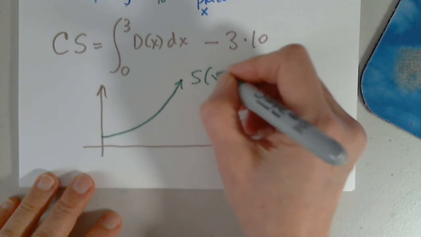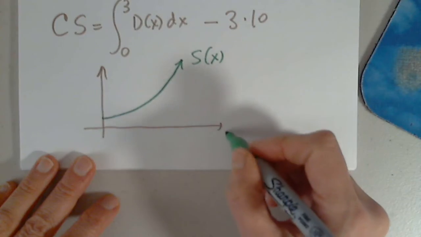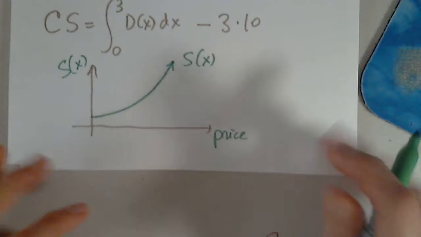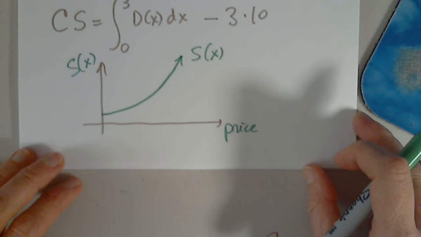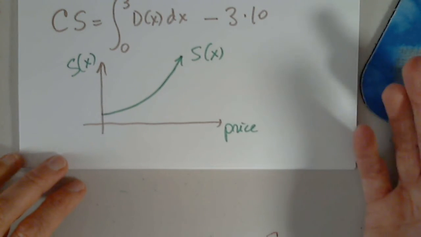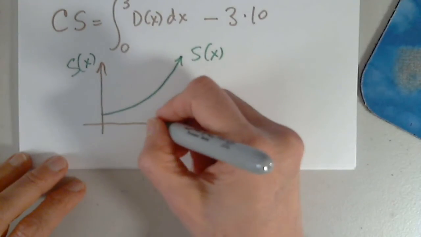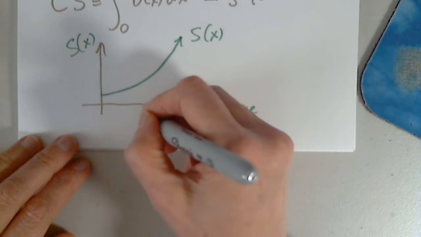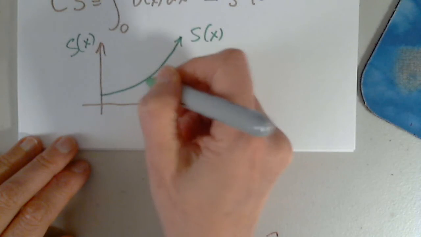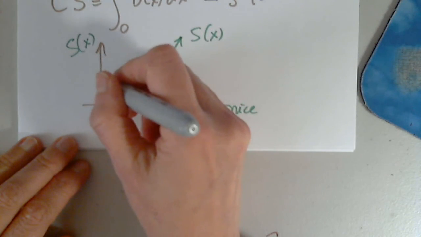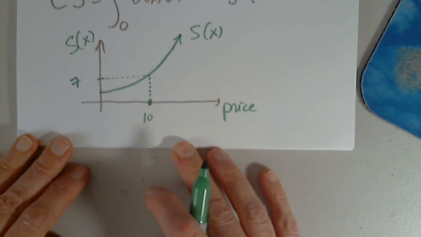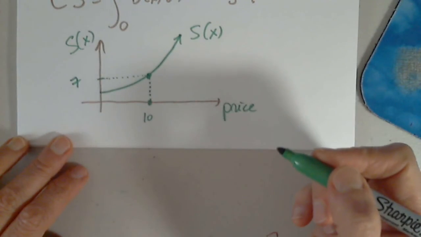So with the supply curve, the higher the price, the more they will love to produce and sell because they make more profit. So let's suppose again, the same idea. I'm just going to pick a number. Let's say the price of $10. This is the number of units. I'm going to say 7. And this is the point in question.